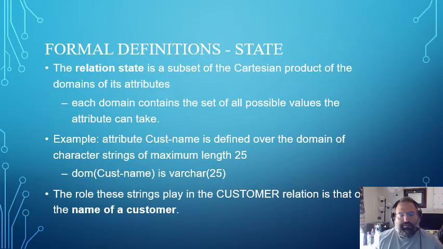Each domain contains the set of all possible values that the attribute can take on. For example, attribute CustName is defined over the domain of character strings of a maximum length of 25. So the domain of CustName is varchar(25). The role these strings play in the customer relation is that of the name of a customer.